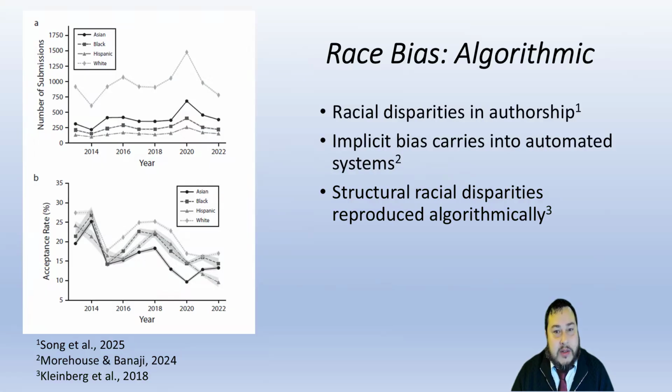Implicit racial bias also carries into automated systems. If a model is trained on decisions influenced by implicit bias, it will reproduce those patterns even if race is never explicitly included as a feature. The study shows that race bias in author acceptance rates was embedded in the data. Race was determined by the algorithm by using the author's name.